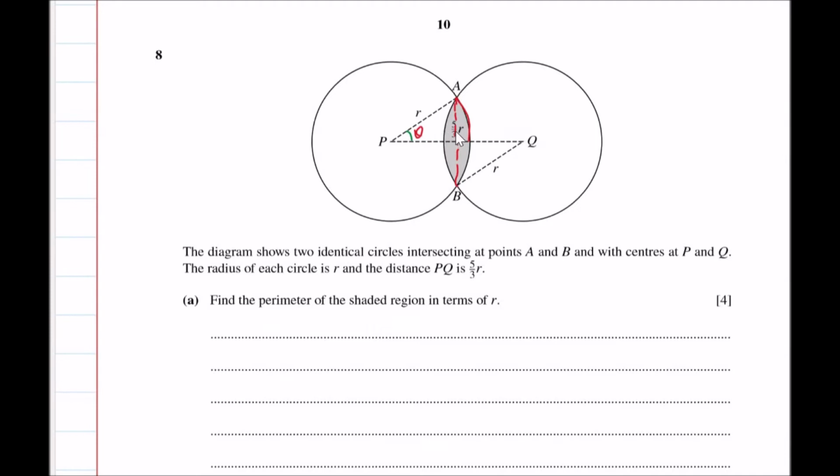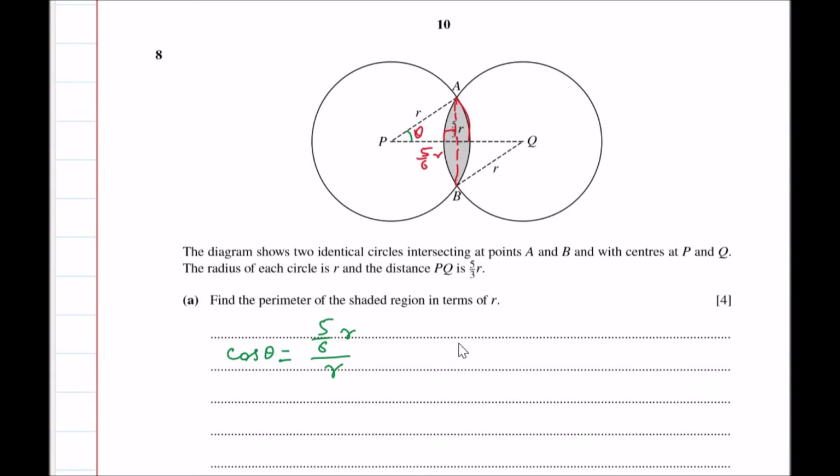This is a right angle triangle, right? And we have to find theta, and this total is given 5/3 r, so that will be 5/6 r. Half of 5/3 is 5/6. Now, that will be cos theta, because adjacent and hypotenuse are known, so cos theta equals 5/6 r by r, right?